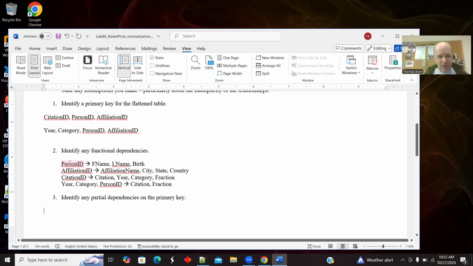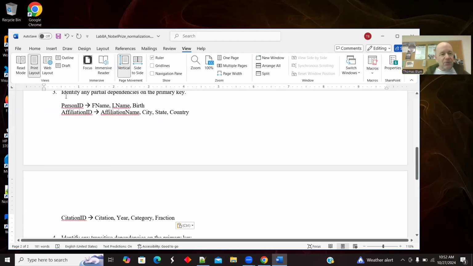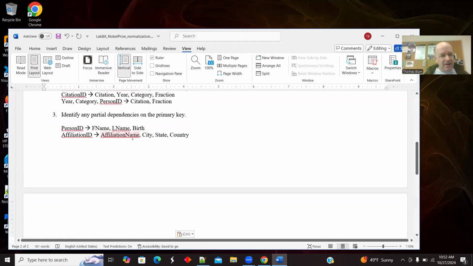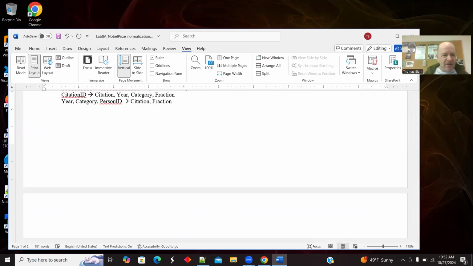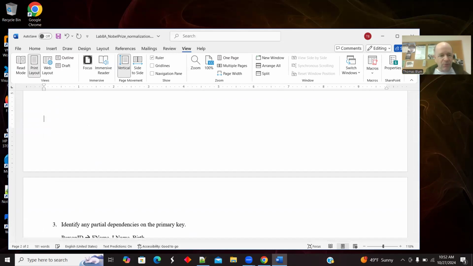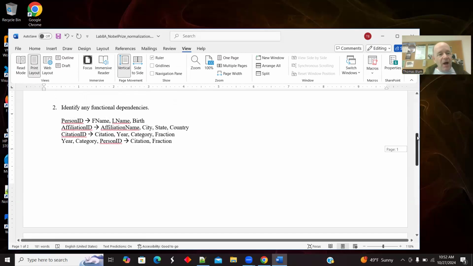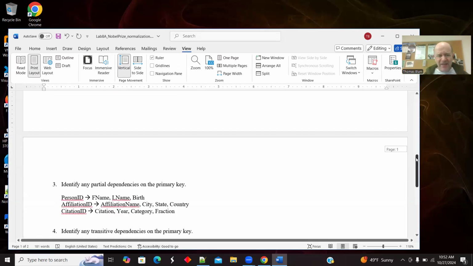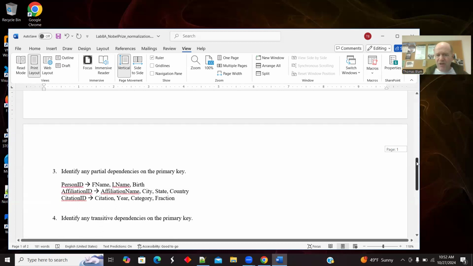Person is part of the primary key, affiliation is part of the primary key, citation is part of the primary key. So three of these are. Let me get that all on one page here in my Word document. So we pick out functional dependencies, and then we're asking, are any of them partial?